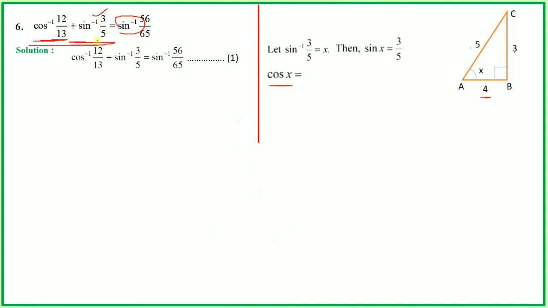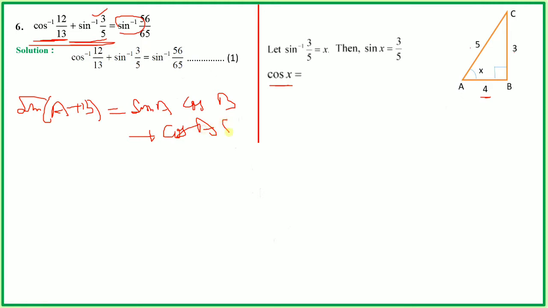When you expand sine a plus b, or x plus y, whatever it is, you will need sine a cos b plus cos a sine b.